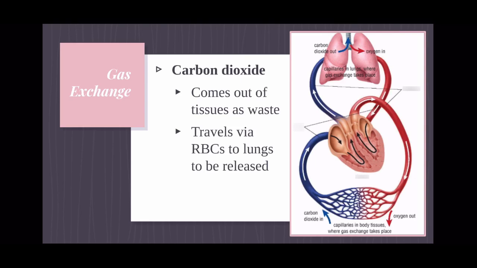That oxygen-poor blood is then going to go back to the heart, which is then going to pump it back to the lungs, where that carbon dioxide is going to be released from the blood. It's going to cause us to breathe out, so that carbon dioxide, a waste product of our body's cells, is going to be released through our lungs.